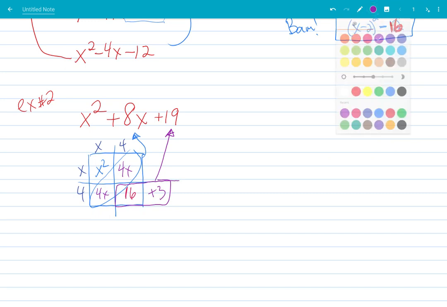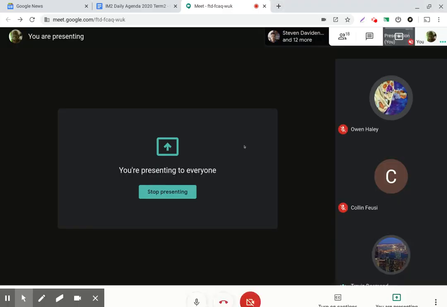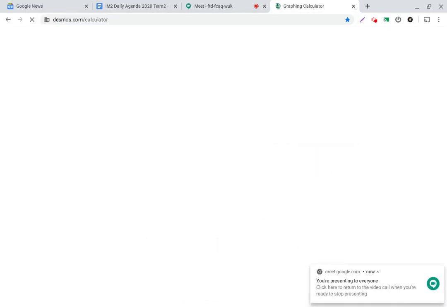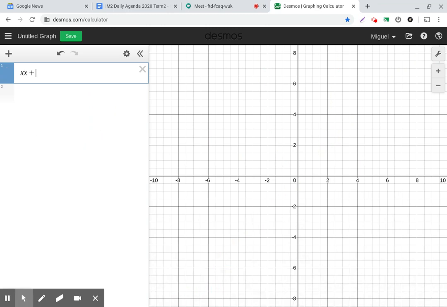So therefore, our vertex form is x plus 4 squared plus 3. And let's see if that is true. Can you guys jump on Desmos and type it in there? x squared plus 8x, and then plus, you said 19, right?